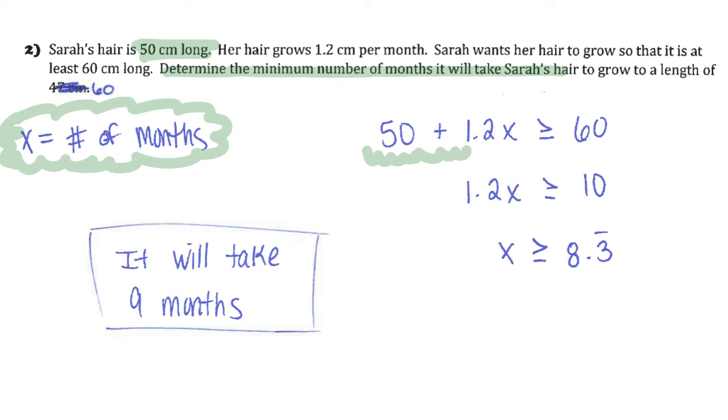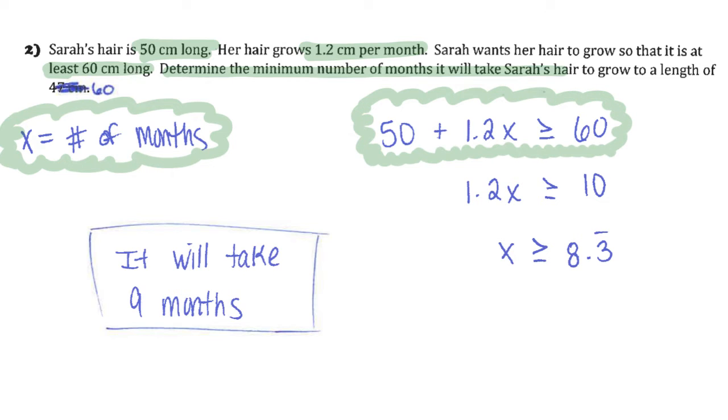And we also know that her hair grows at 1.2 centimeters per month. So I added on 1.2 times x. Because she wants her hair to grow to at least 60 centimeters, with the word at least, I chose greater than or equal to 60.